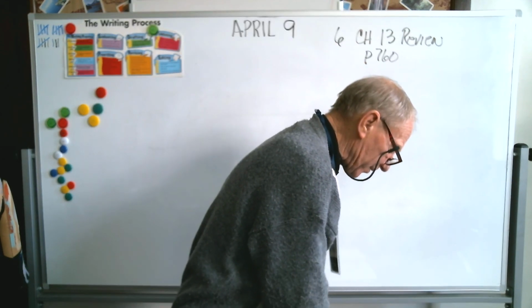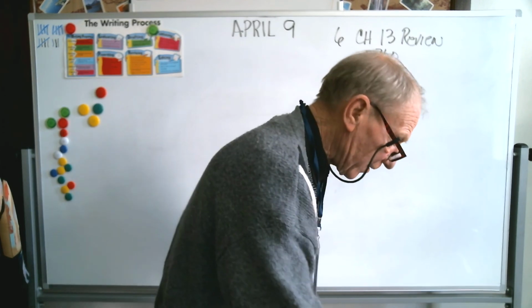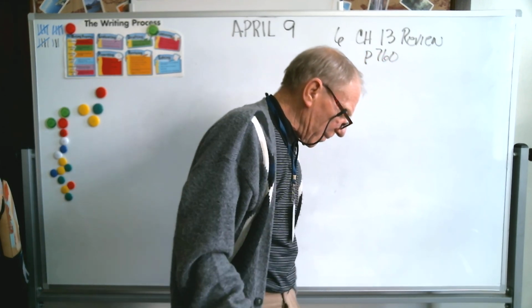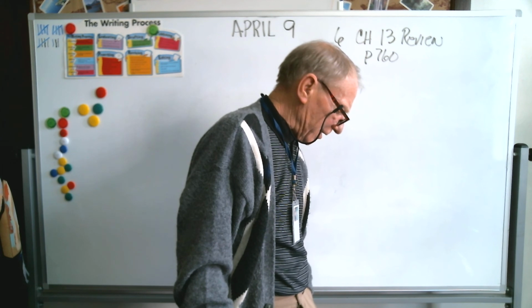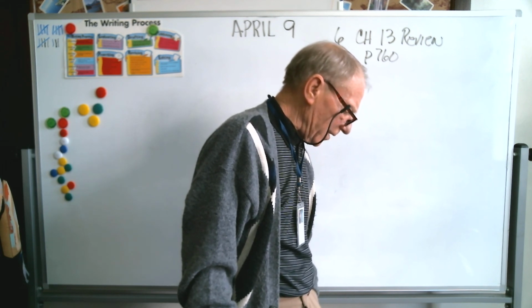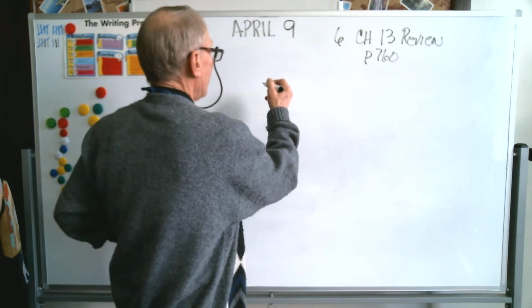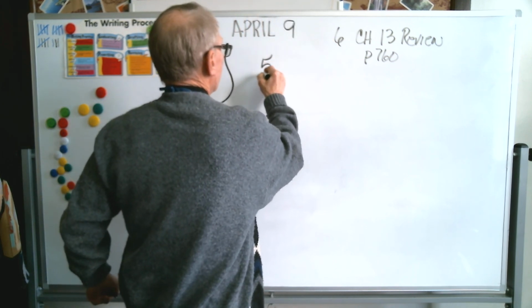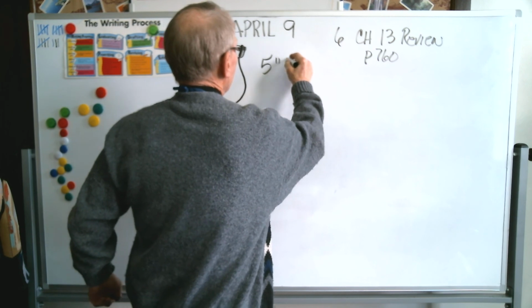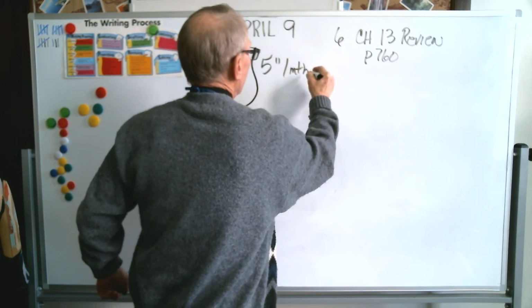Let's look at number 13. 13 looks like one of those questions where you got to make a decision. Gavin wants to move to a county where it rains about 5 inches every month. So there's our first number, 5 inches per month of rain.